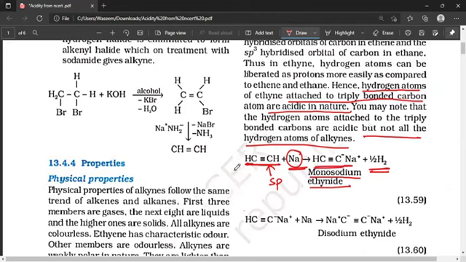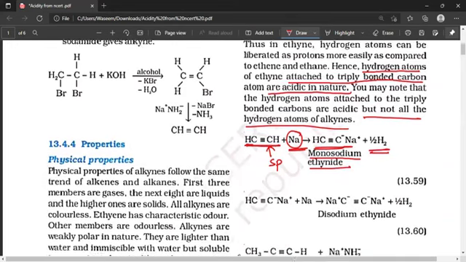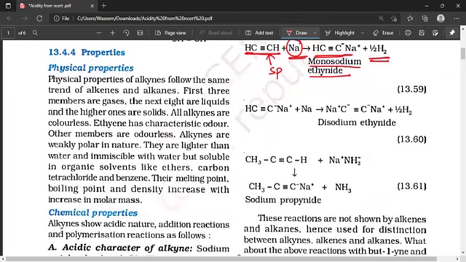When this monosodium ethanide is again reacted with sodium, you will get disodium ethanide. Again, half mole of hydrogen gas is released. So this evolution of hydrogen gas proves that an alkyne is acidic in nature.